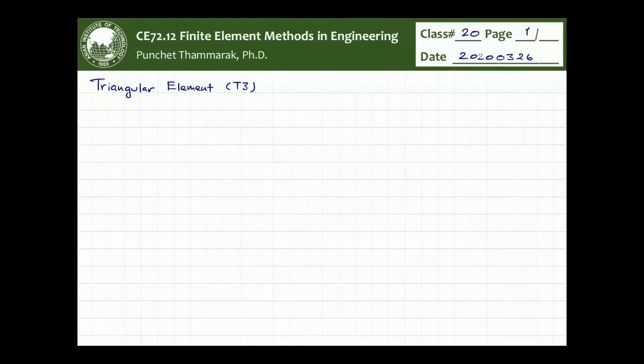The 3 stands for the number of nodes. We call it the constant strain triangular, or CST. Sometimes it is called this way.